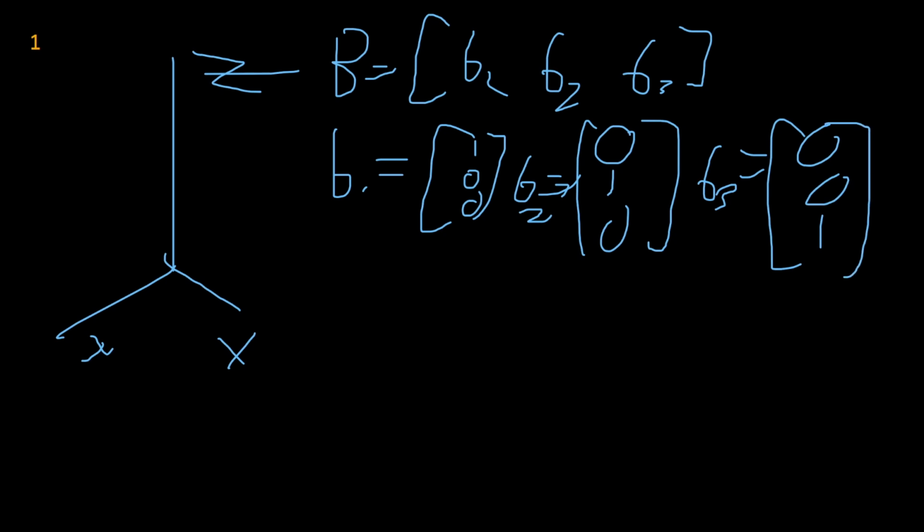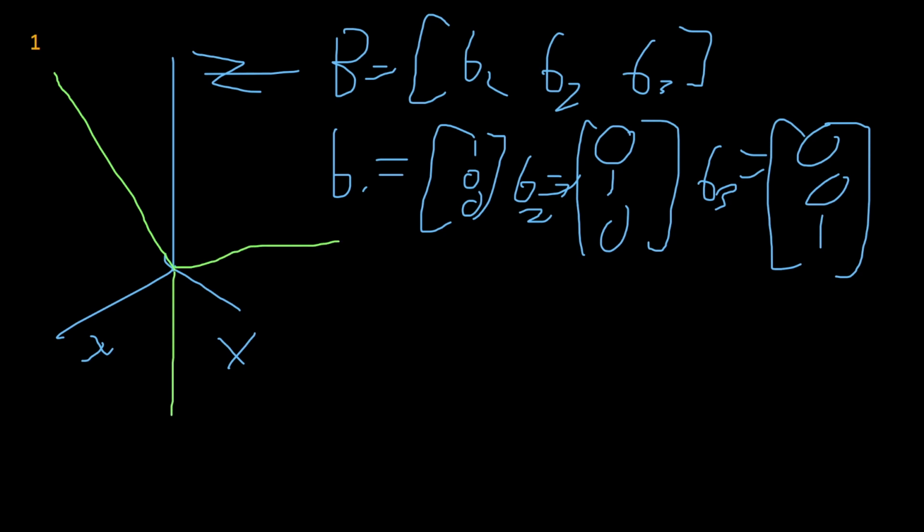This demonstration is just to give you a good idea of what bases are and the coordinate systems that they use. The difference between our standard basis here and, let's say, another basis is that it's going to be a little bit off from what we're usually expecting.